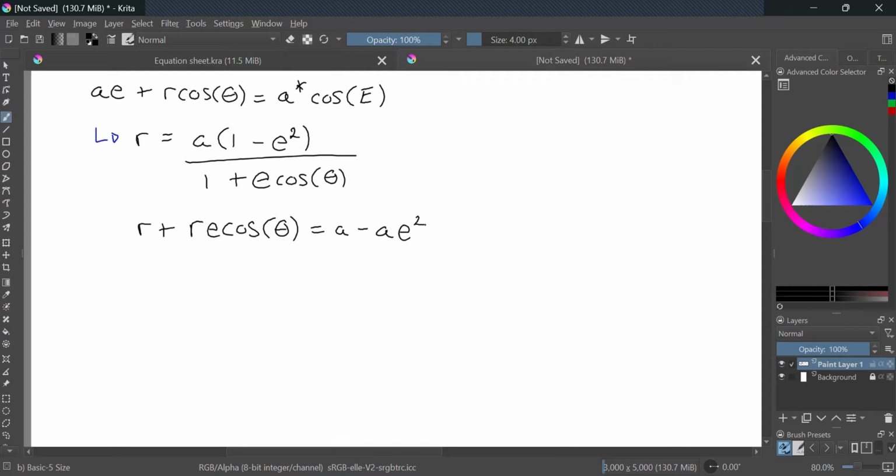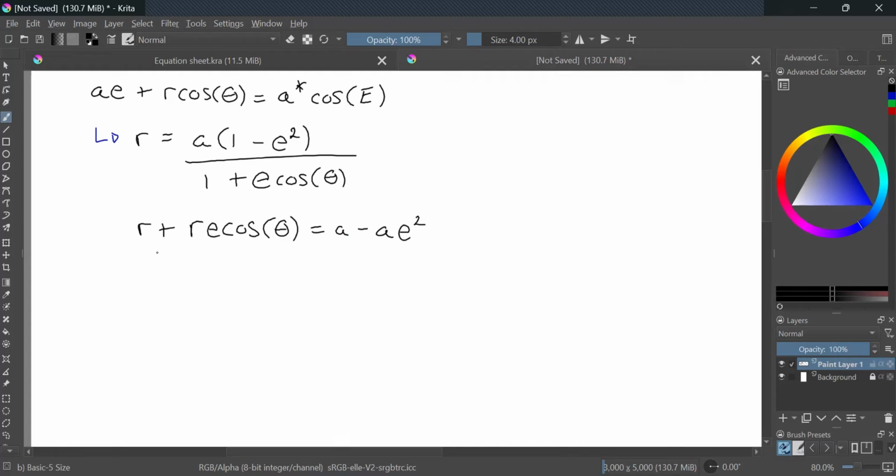And some of you may be making some connections as to why we're going down this route, but let me take another step here before I point it out. So let's bring this over to the left and we'll throw this over to the right.